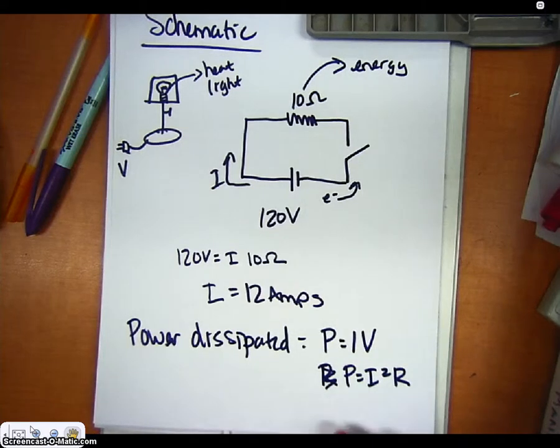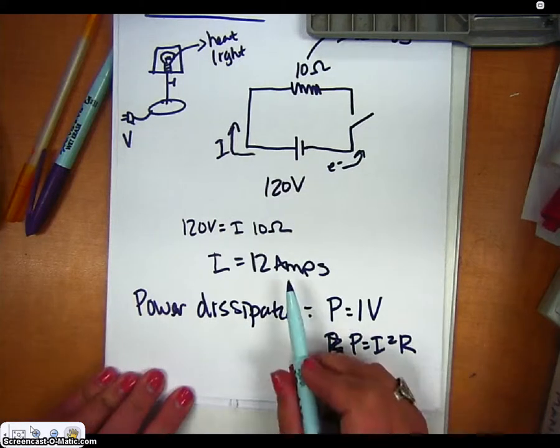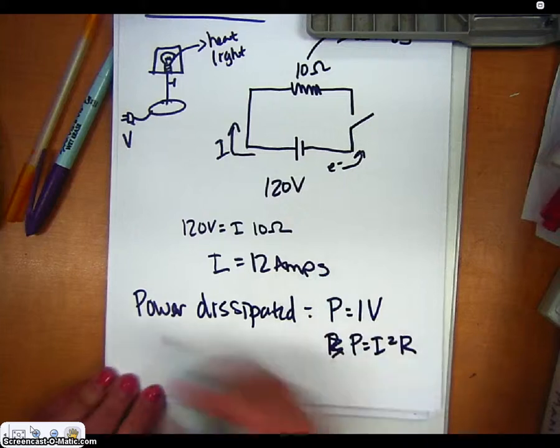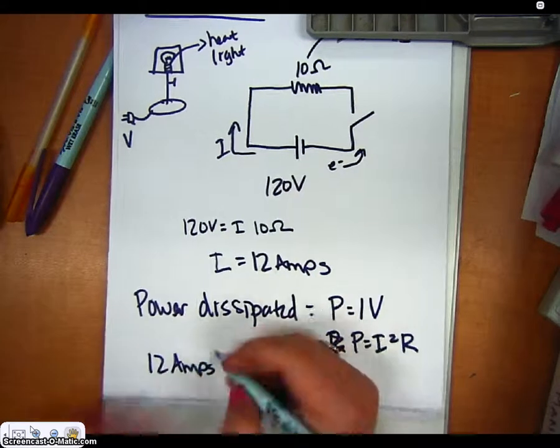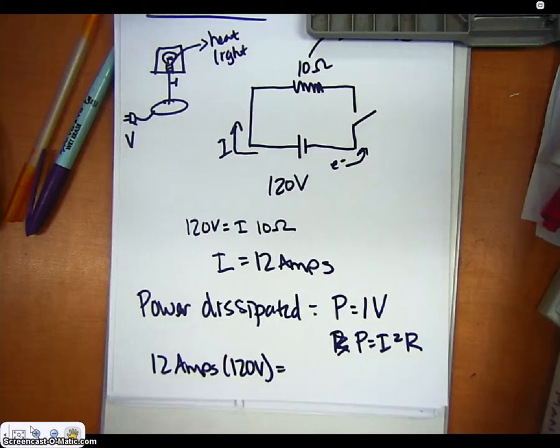So let's just go ahead and do that, right? I've got current, I just figured out was 12 amps, and I've got volts, which is 120. So 12 amps times 120 volts. And if I multiply those two out, let me just grab a calculator really quick. That will give me the watts.